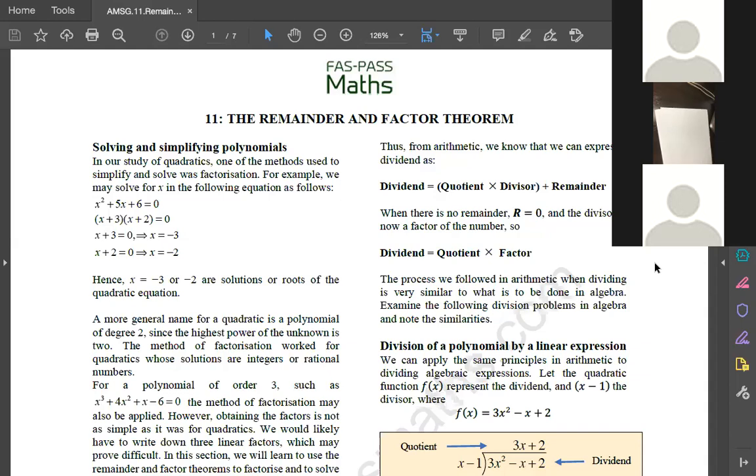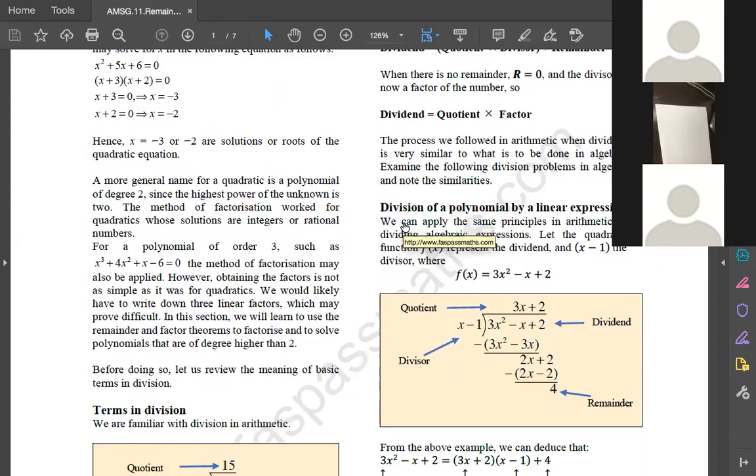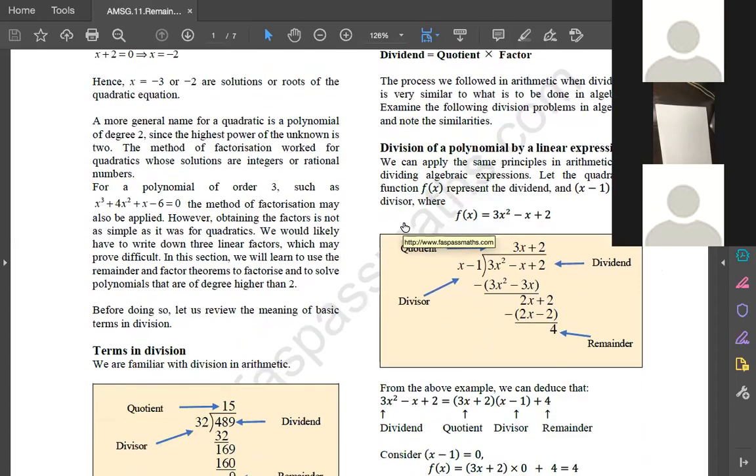Once we talk about quadratic and cubic equations, the solutions are the same as the roots. We call the solutions roots. A more general name for a quadratic is a polynomial. Mostly we give quadratic to only a degree of 2. Any number raised to the power 2 is a quadratic, and any number raised to the power 3 is a cubic.